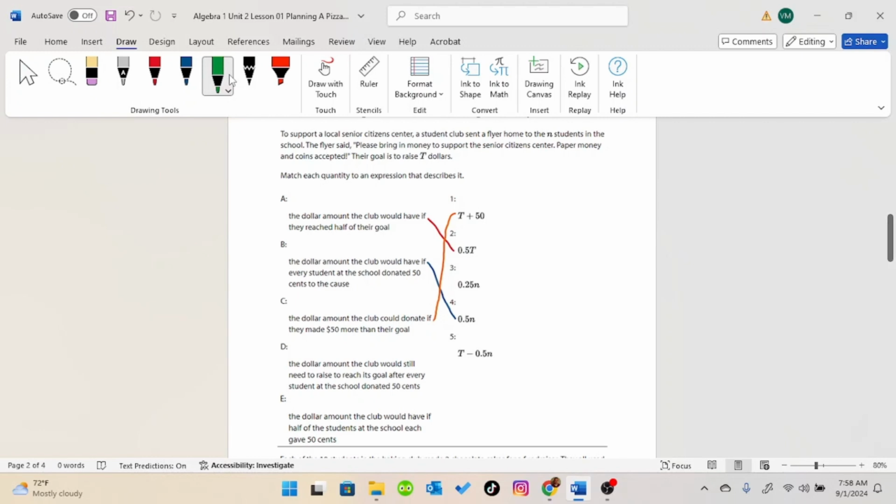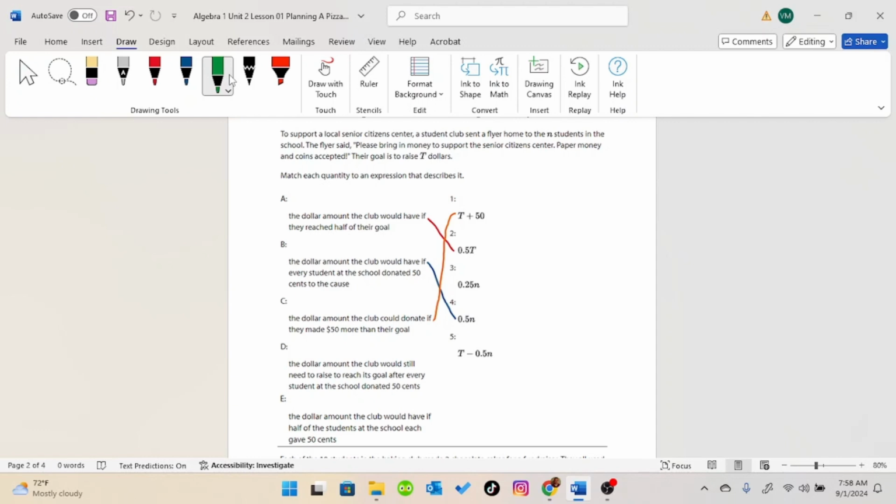Description D. The dollar amount the club would still need to raise to reach its goal after every student at the school donated 50 cents. Expression 3 says to take 0.25, which is a quarter, and multiply it by the number of students.